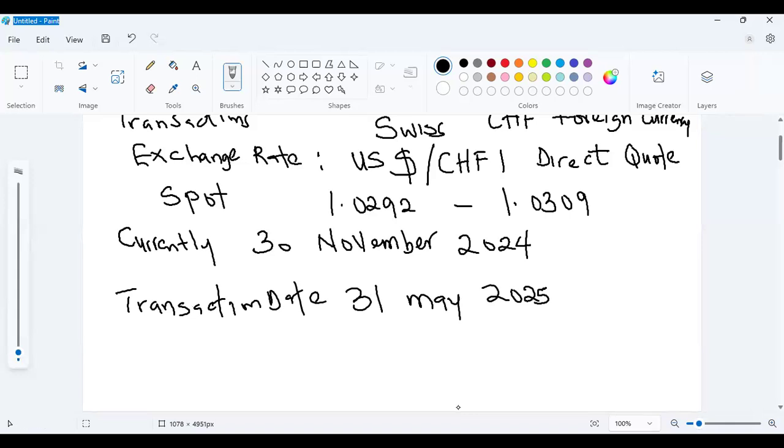Please, how many months is this? Six months. Thank you. That means we have 2 transactions that will happen in 6 months' time.